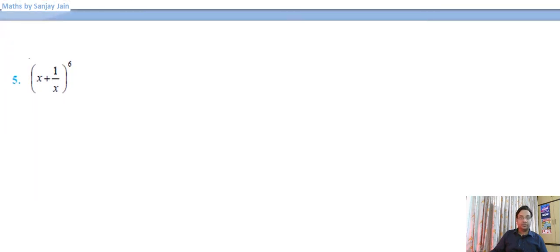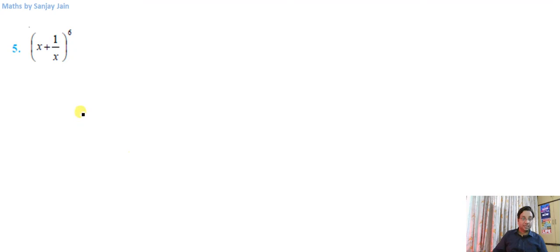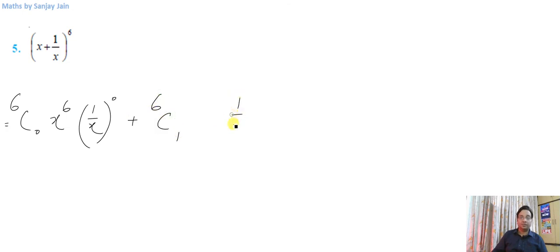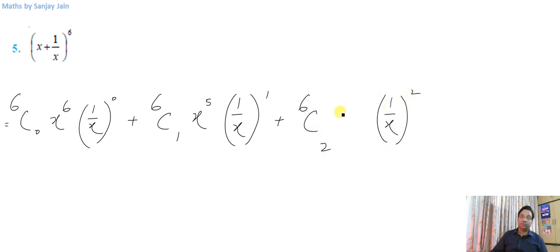Let's go for this. I'll start with 6c0, 1 by x raised to power 0, x raised to power 6. 6c1, 1 by x raised to power 1 and x raised to power 5, plus 6c2, 1 by x raised to power 2 and x raised to power 4.